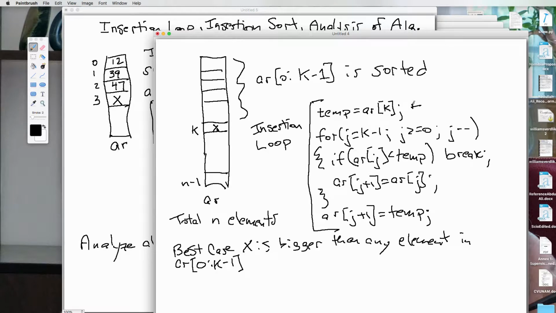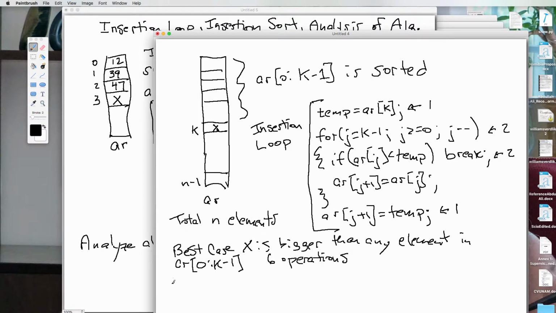I've got to do one assignment here, and one assignment here, and I've got to check one Boolean expression. So there are 2 over there. Okay? And this is going to be true, and that's going to be true. So I'm going to do 2 over there, and I'm going to jump down here, and do an assignment, and that's 1, and I'm all done. And I'm going to say this takes 6 operations. And that's just like before.